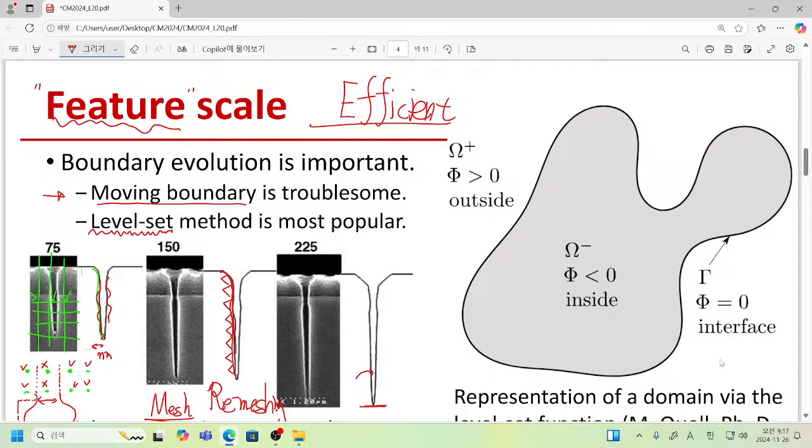In this level set method, think about this. If we have a certain shape, a certain boundary we want to describe, what we usually do is like this.